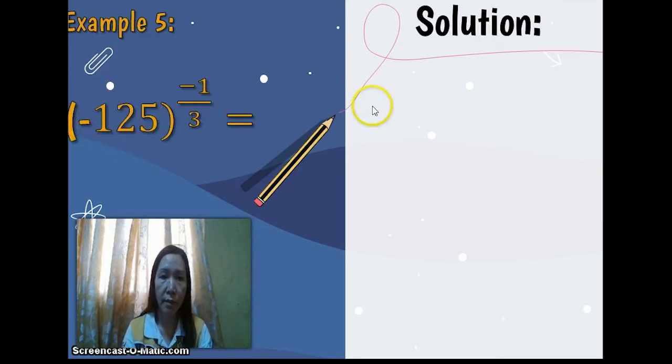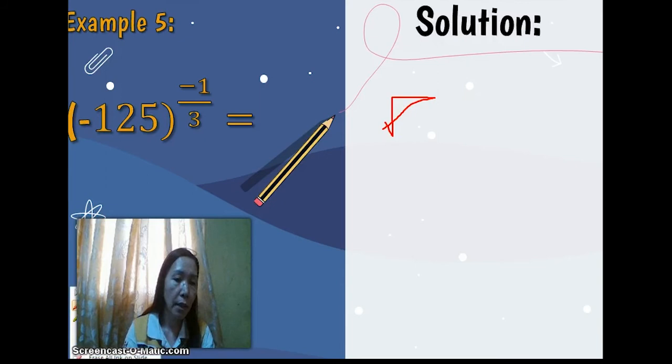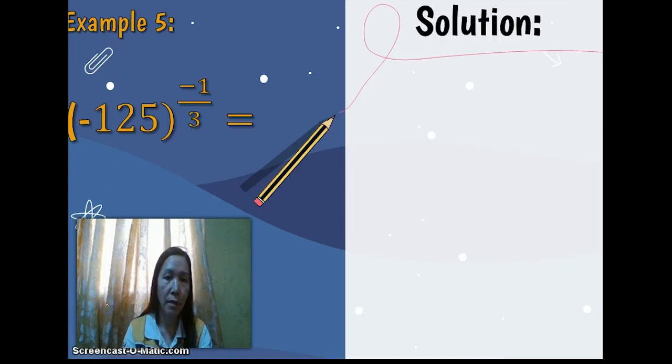So let's say, for example, we're going to rewrite this in radical form. Are we going to include the negative sign? Yes. Why? Because the negative sign is included inside the parentheses.